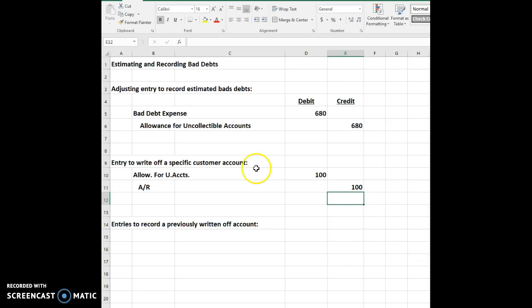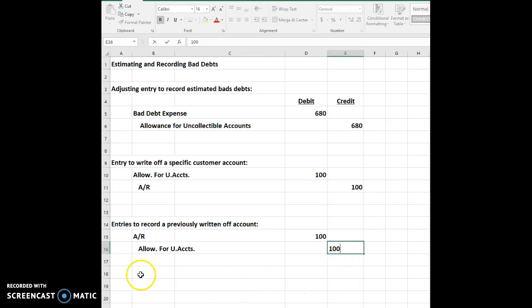Now, if it so happens that that customer comes back and pays after we've written the account off, yes, we go ahead and take the cash from the customer. And what we do is just reverse the entry we made when we wrote the account off. So debit accounts receivable for the original 100, and then credit the allowance for uncollectible accounts, 100.